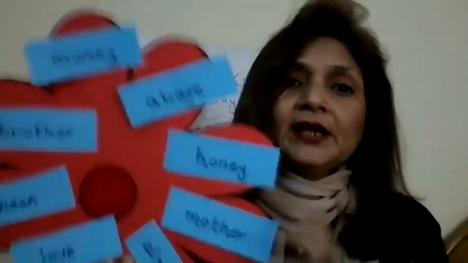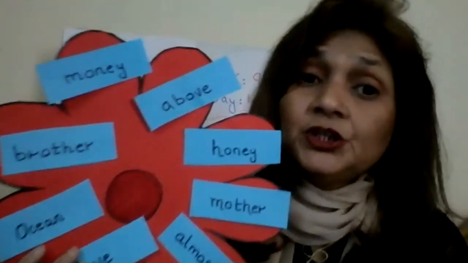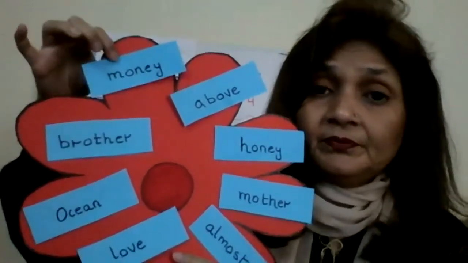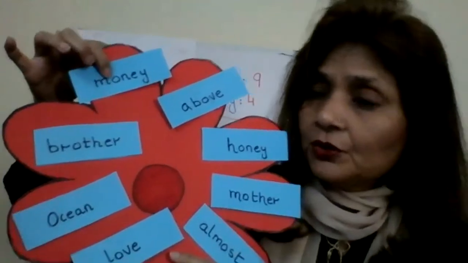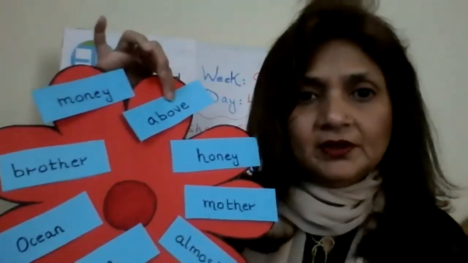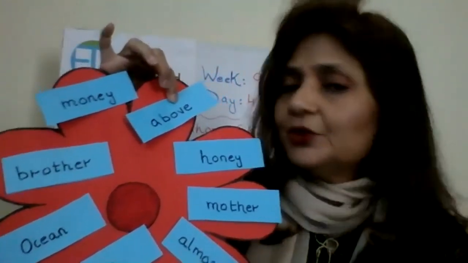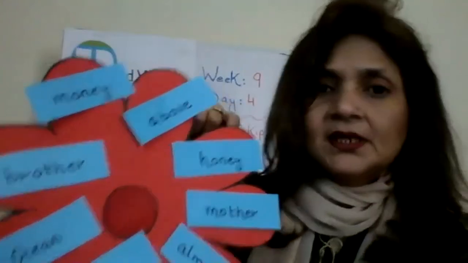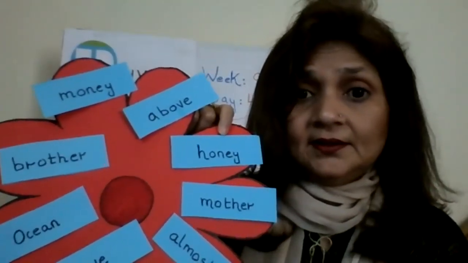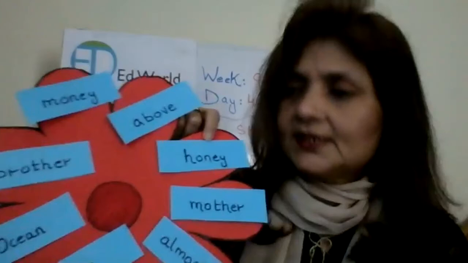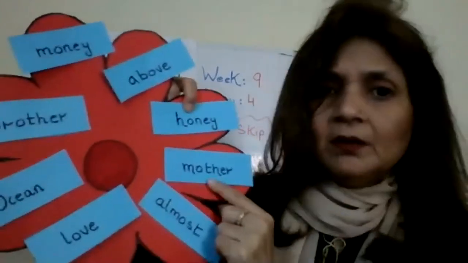Now if you again look at my flower, what is the word that has the unusual O sound? Money, right? Money has unusual O sound. Above. Does above have unusual sound? No. Then comes honey. Honey also has unusual sound.